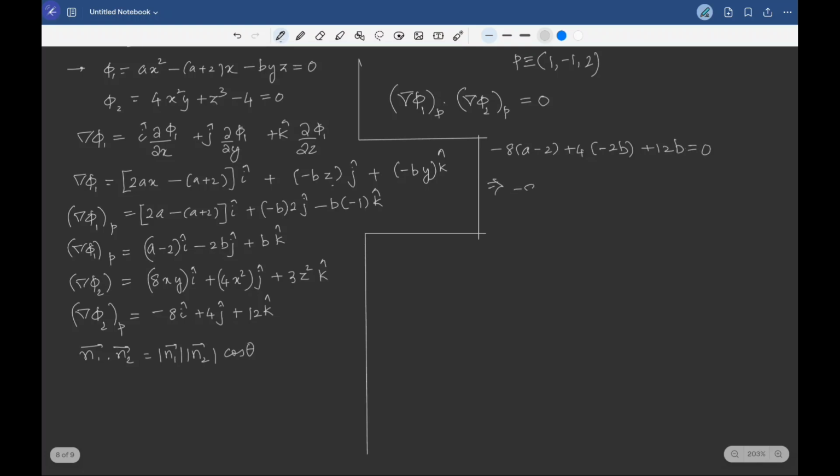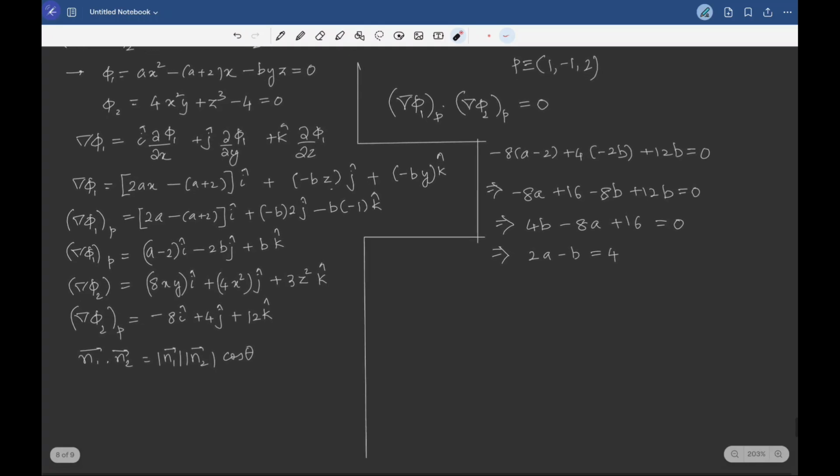This implies minus 8a plus 16 minus 8b plus 12b is equal to 0. This implies 4b minus 8a plus 16 is equal to 0. Taking the things common, we get 2a minus b is equal to 4. So we have to check the options separately which satisfy this equation.